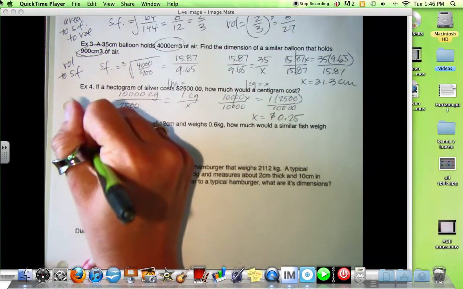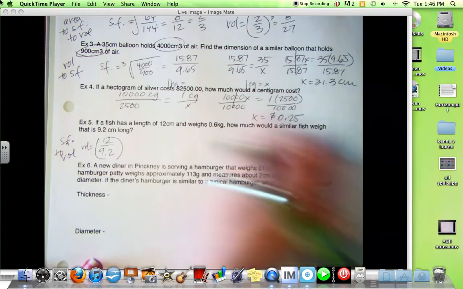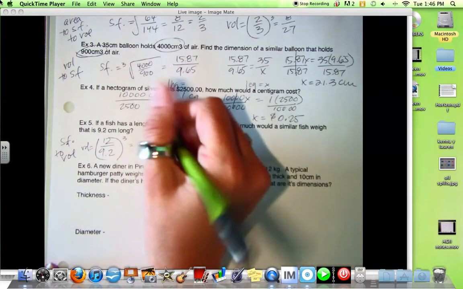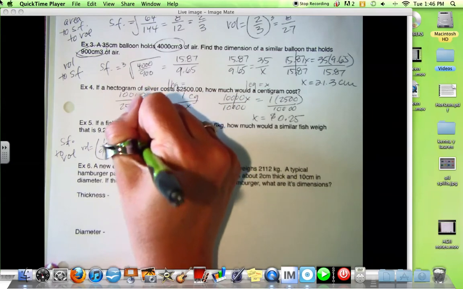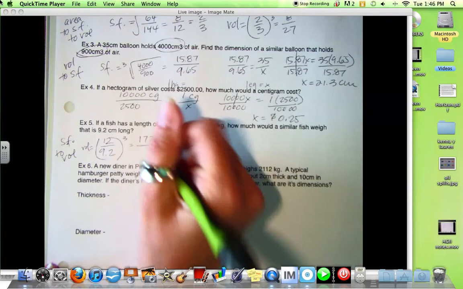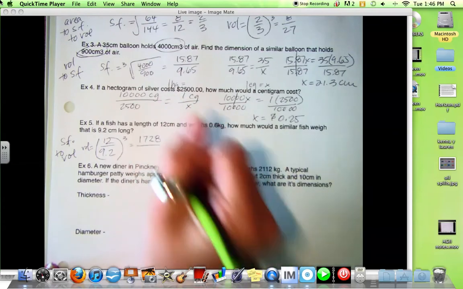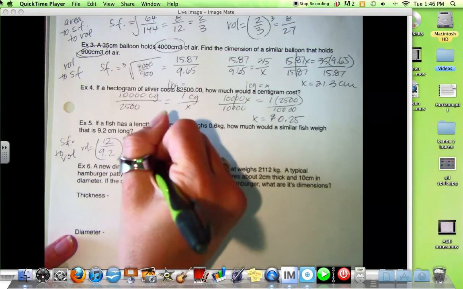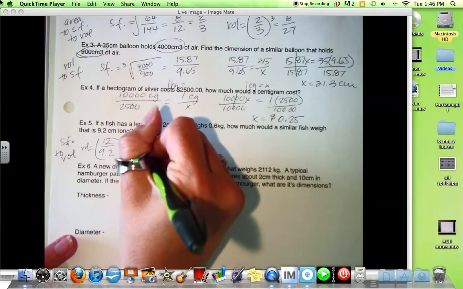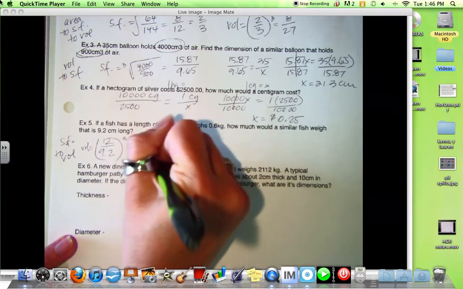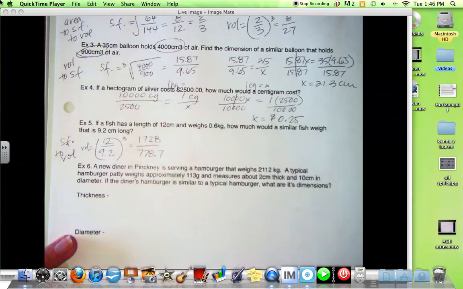So to find the volume, cubed, not cube root, cubed. So 12 cubed is 1,728 over 778.7.